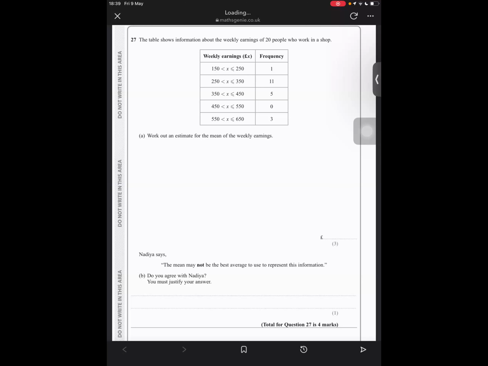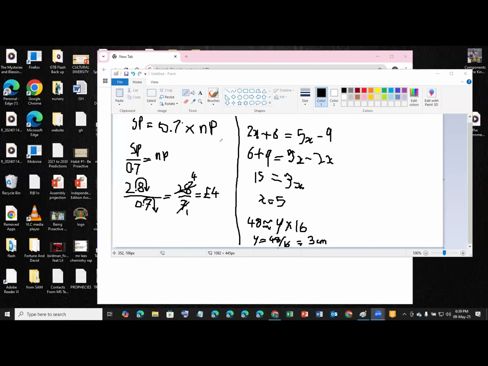Now remember, we're not using calculators, so let me share my screen and do it so that it gives you a clearer picture of what to expect. Okay, so I'm sharing my screen again. Let me just do a new one.